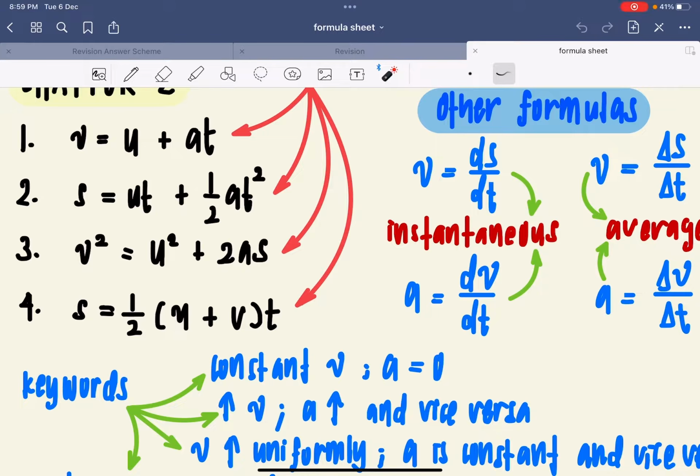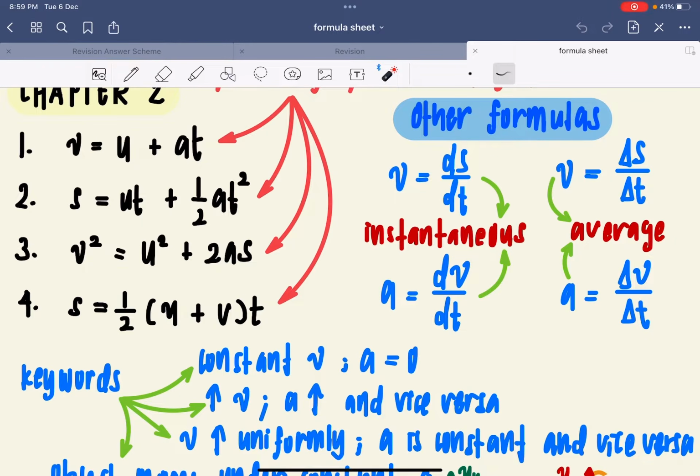So depending on what is asked and what is available, look carefully at which one you can use. Now the question asks for time only, at maximum height. So we do not have the displacement or the value of the maximum height. So we can actually use equation number 1 only.